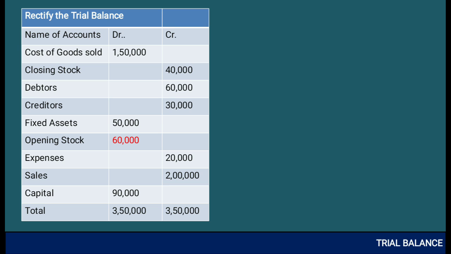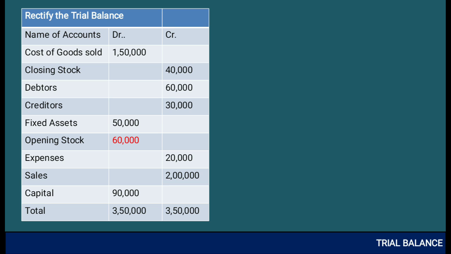of opening stock. Remember, every time, if in the trial balance we have cost of goods sold, in that case both of the stocks may appear in the trial balance.